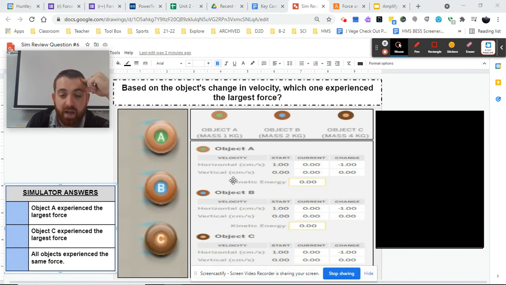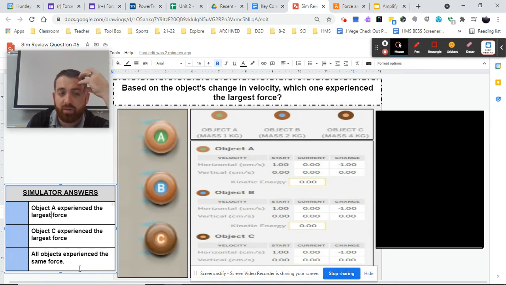So based on how they all started with the same velocity, have all different masses, all stopped, and all had the same change in velocity, we have to decide which one experienced the larger force. Our answers are object A experienced the larger force, object C experienced the largest force, or they all experienced the same force in this case.